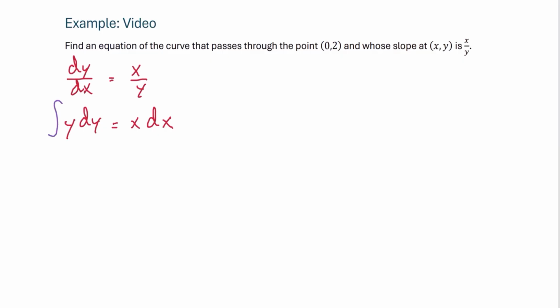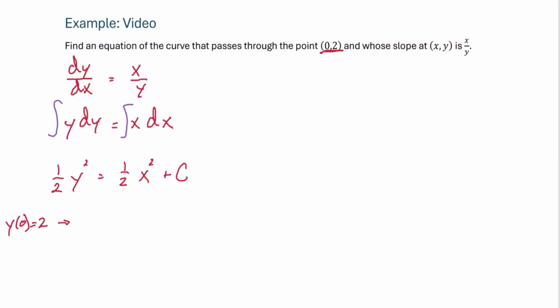Integrate the left and the right side. 1/2 y squared equals 1/2 x squared plus c. At this point, let's use the initial condition. Y of 0 is 2.